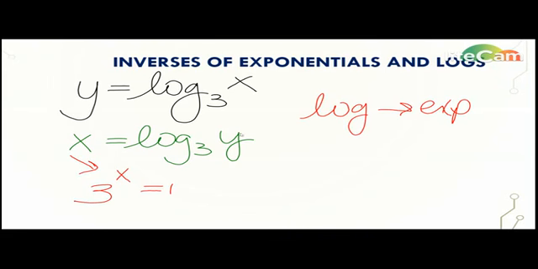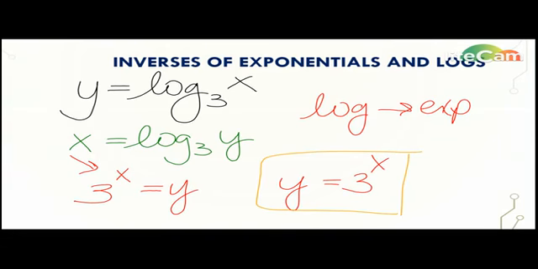I want the y out because I want to say y equals, because that's the proper way to write the equation. So I want the y to come out, and I want the x to go back into the exponent spot. So I'm going to write 3 to the x equals y, and if I want to make it look nice, y equals 3 to the x.